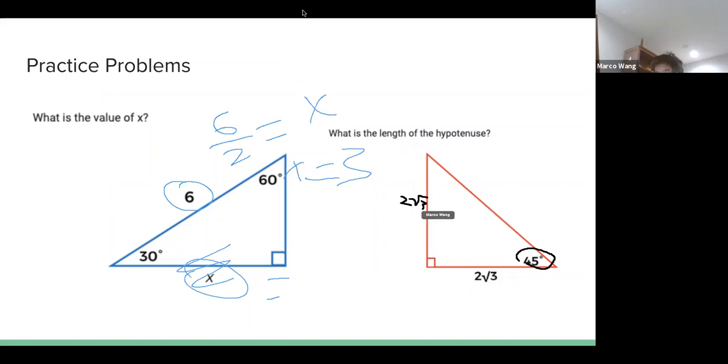I'm pretty sure. So this one would be 2 root 3 times square root of 2, which would mean that it would be 2 root 6 for the hypotenuse.